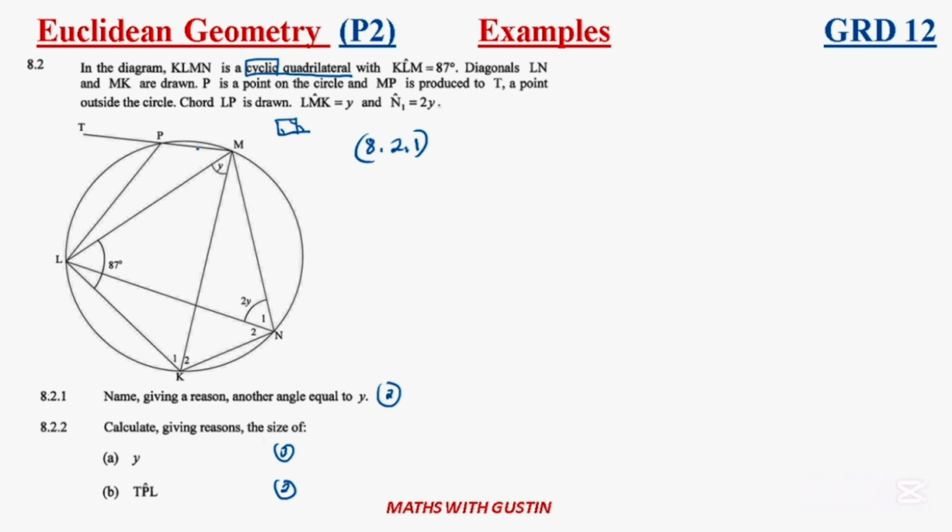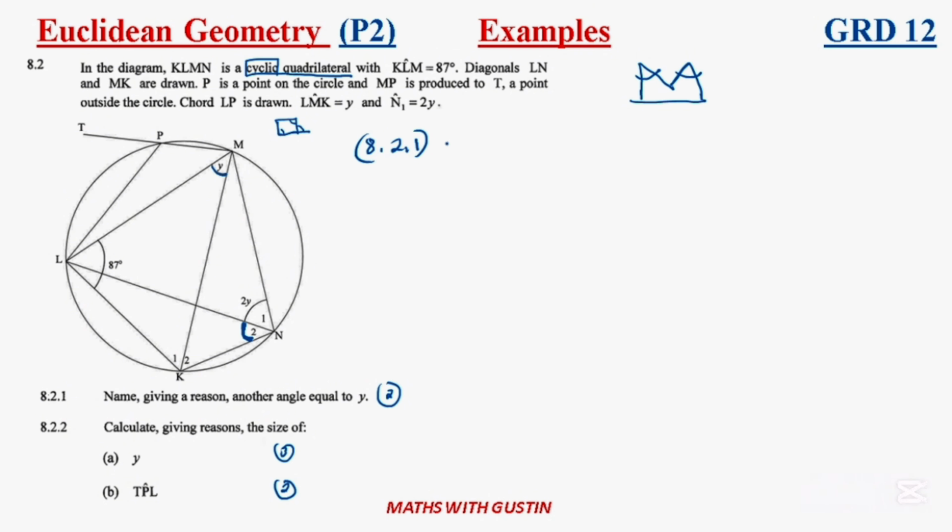If they say this is a cyclic quad, we have got a chord there, and it has got an angle here. It is also equal to this angle here, angles subtended by the same segment. Remember this drawing, guys, from our lesson. If you have got a chord here, these angles are equal, which is exactly what I'm seeing here.